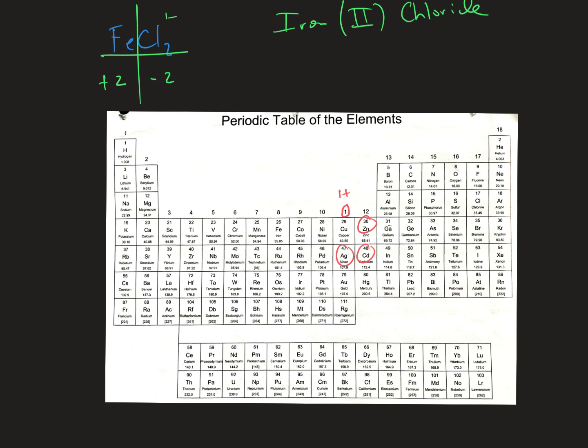All right. And what about zinc and cadmium? What's their charge going to be? 2 plus. Good? So if I have AgCl, what's that called?